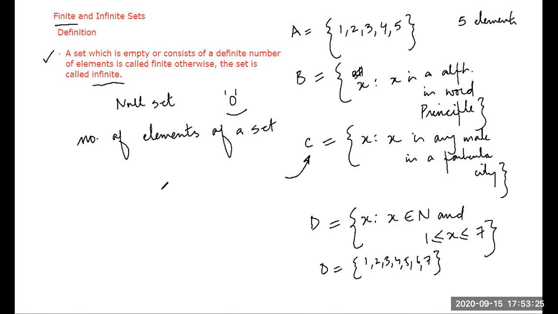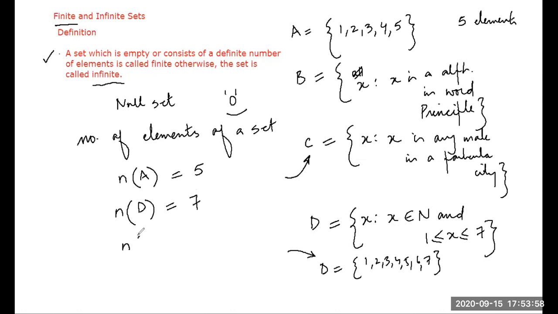The notation we use is n of set A. This means the number of elements of set A. So what will it be? It will be equal to 5. Ishma, similarly, what will be the value of n of D? The set stated by you? 7. Correct. n of D would be 7.